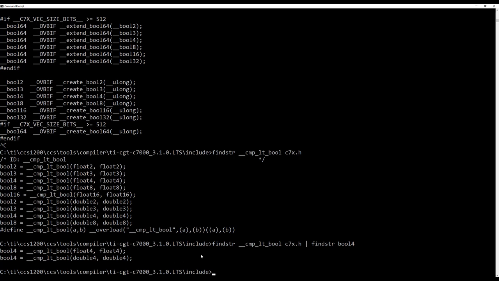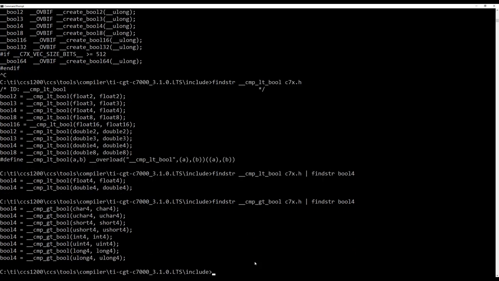Which sort of raises the question, well, what about the other compare intrinsics? Do they have the same limitations? So let's consider CMP GT bool for greater than and see what it supports. And well, it supports all the integer types, and look, it doesn't support the float types.